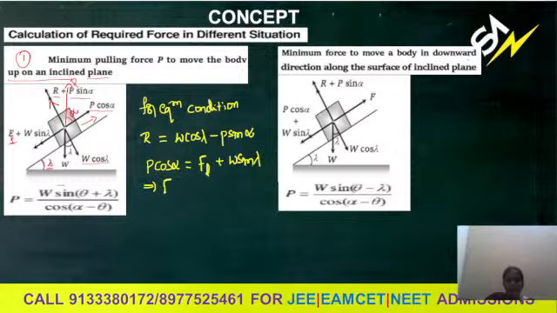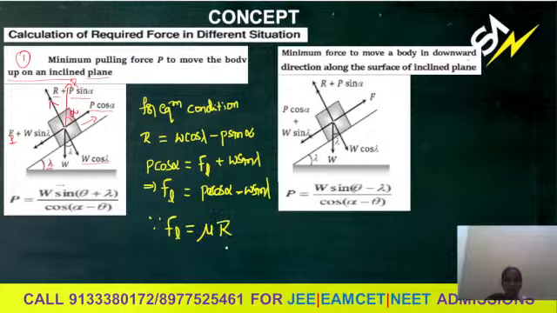So limiting friction value is equal to P cos alpha minus W sin lambda. And we know that limiting friction value Fl, the maximum static friction that develops in that situation, is always equal to mu into R. So we substitute the R value, which is this one.